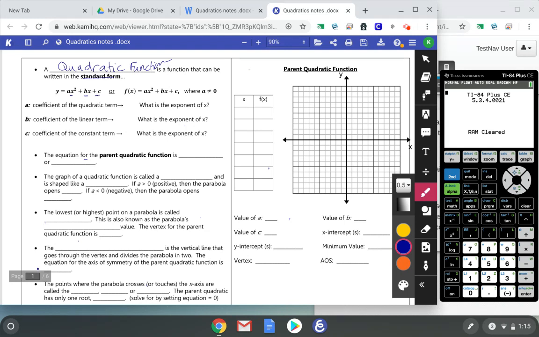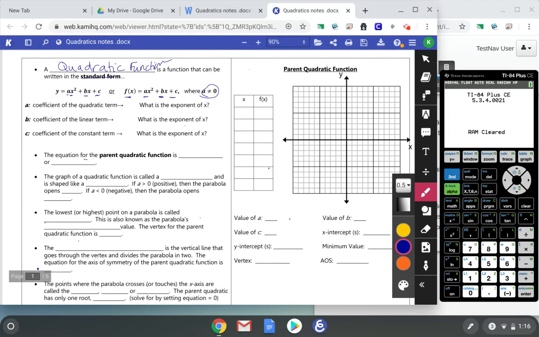Or you can have it in function notation where it would be f of x equals your x squared term plus or minus your x term plus or minus your constant. A cannot equal 0 because if a was 0, then you would no longer have an x squared term, and that would make it a linear equation.